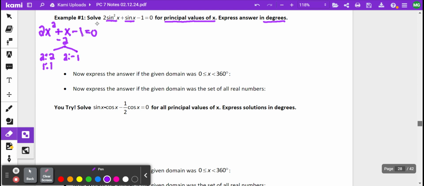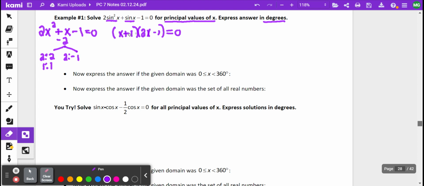Well, if it was just like this with x's, what we would have is x plus 1 times 2x minus 1 equals 0. But this does have sine of x.